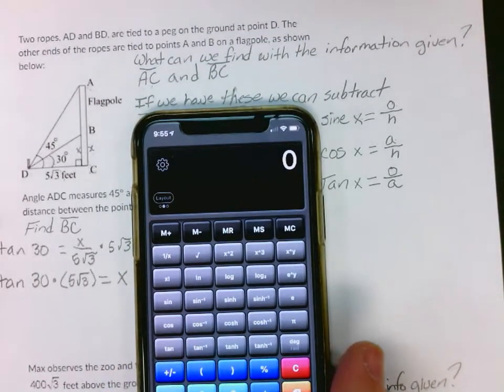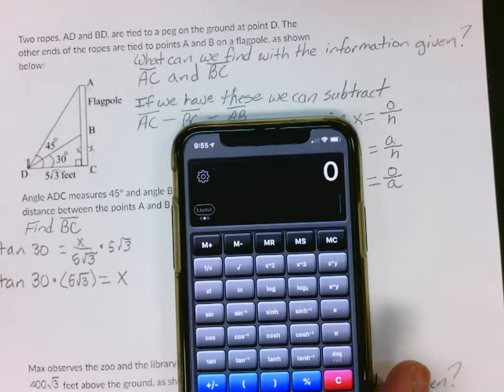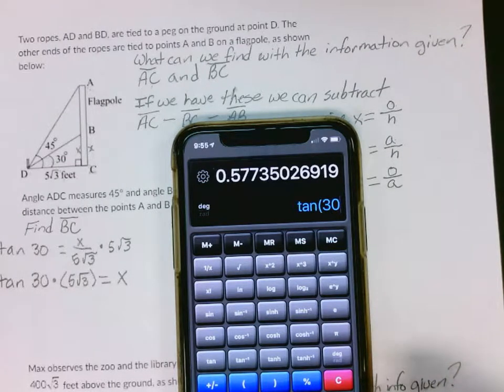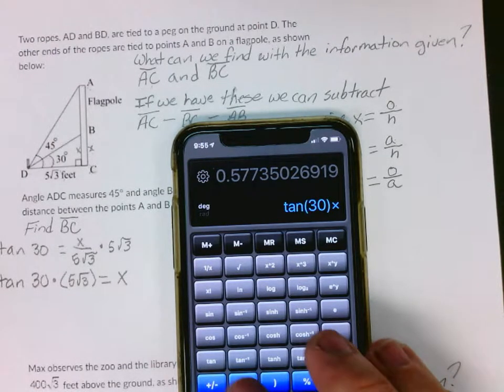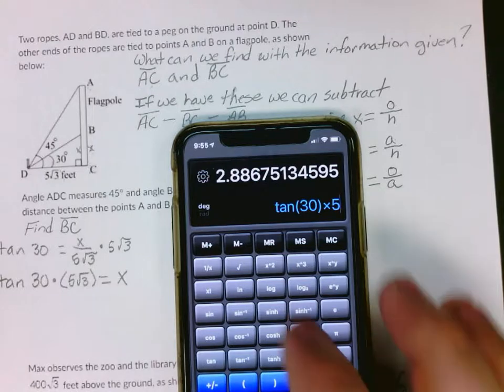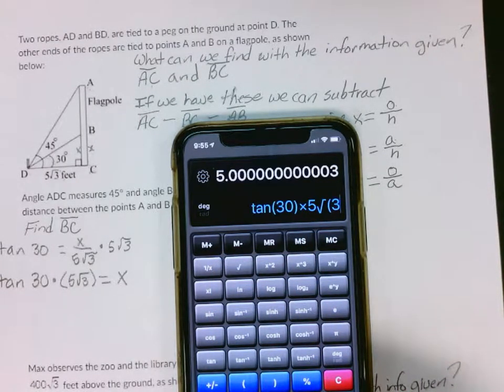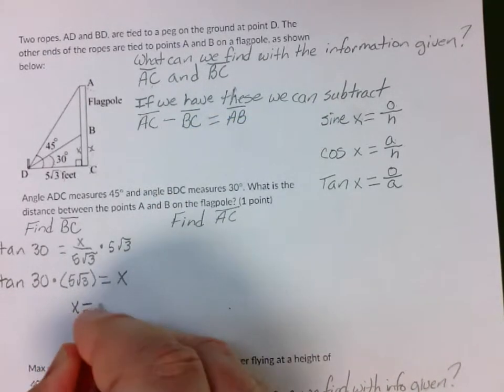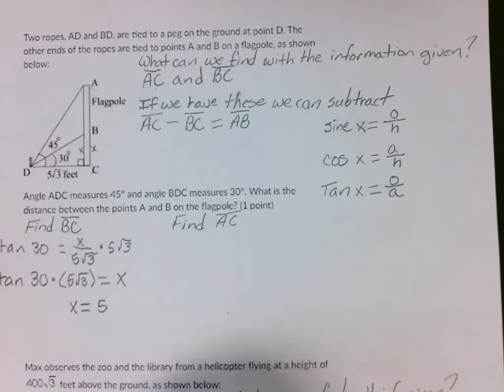Okay, so basically what I'm going to do here is take tangent of 30, close that, and then go times 5 square root of 3. Hit enter. Okay, so for this one I get 5. So X equals 5. Okay, now we've got to find AC.